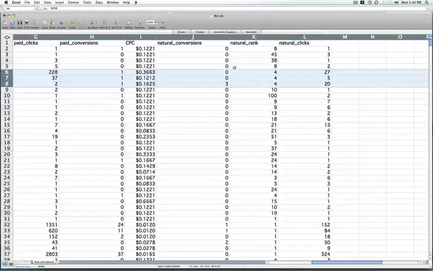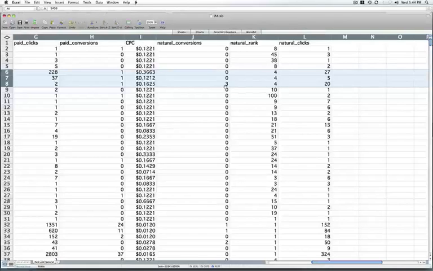And if we look in the natural conversions column, we see that there were no conversions in the first 2 weeks, and there were 3 conversions in the last week from the natural or organic results. Actually, there were 27, 5, and 20 corresponding clicks on those natural results, and as we said, they resulted in 0, 0, and 3 conversions.